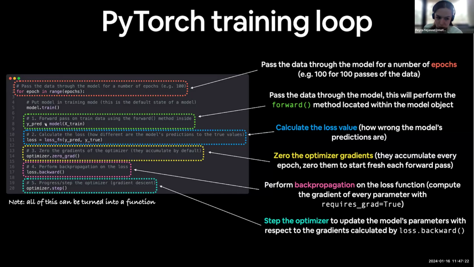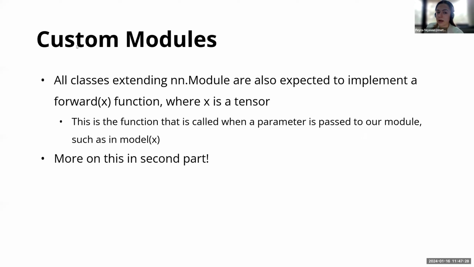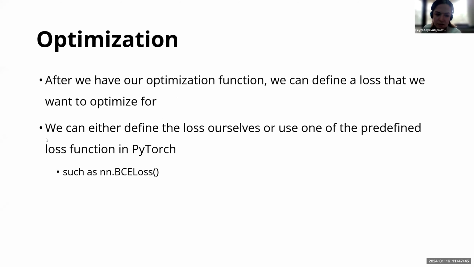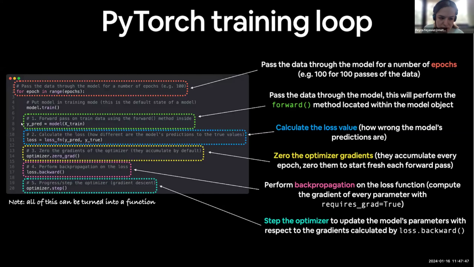Let's remember that while we are creating custom modules, we have to implement a forward function, because nn modules, the predefined functions, already have forward in them. So if we have a custom module, we have to implement a forward, because we are obtaining the prediction values by using this forward method.